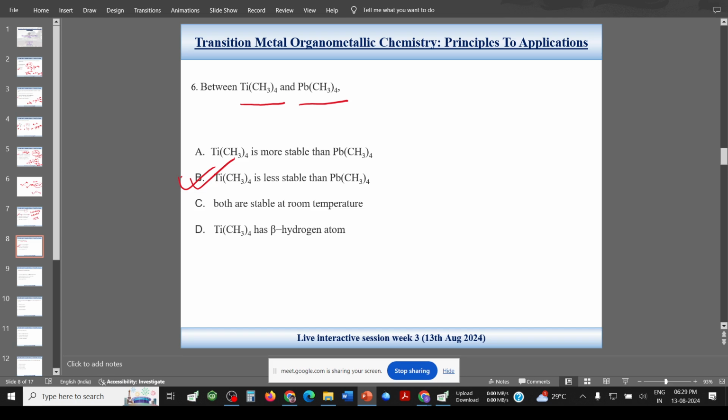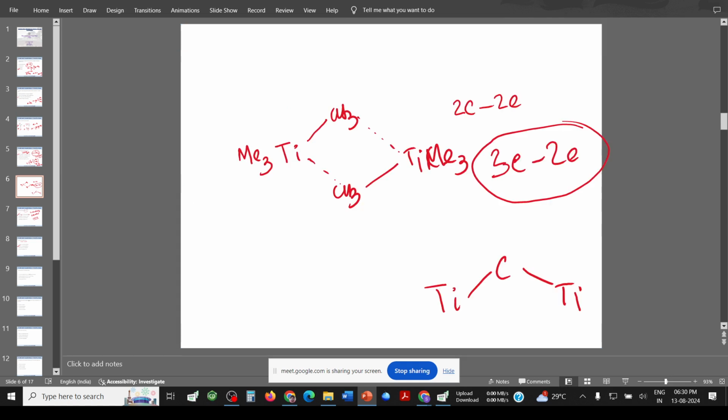See, titanium is in the 3d group, whereas carbon is in the 2p group. So the energy difference is not that much. So it can easily form this bimolecular structure, the 3 center 2 electron bonds, with the methyl group interacting with the other titanium molecule.